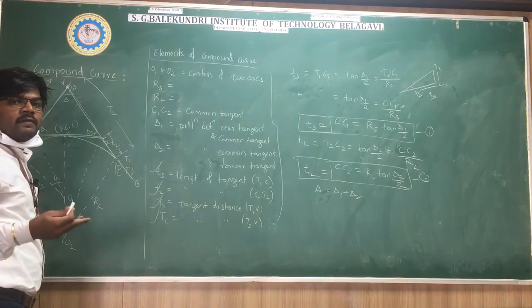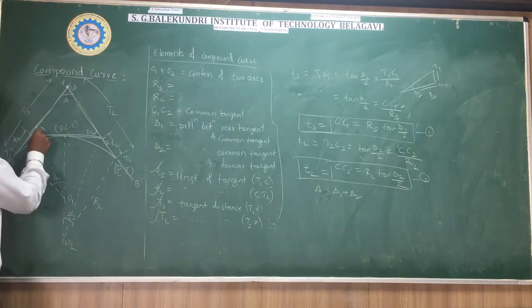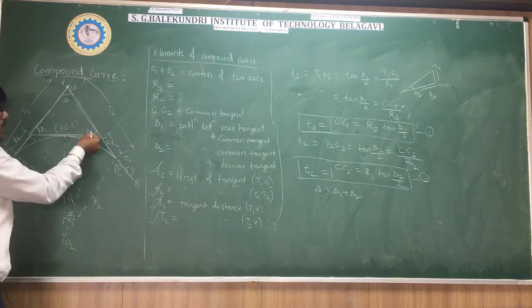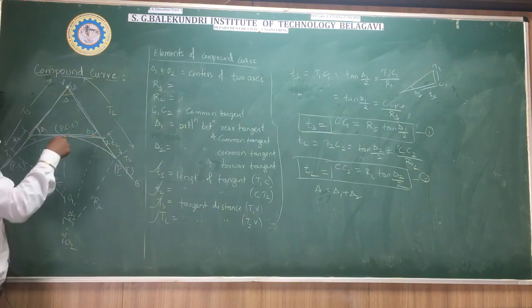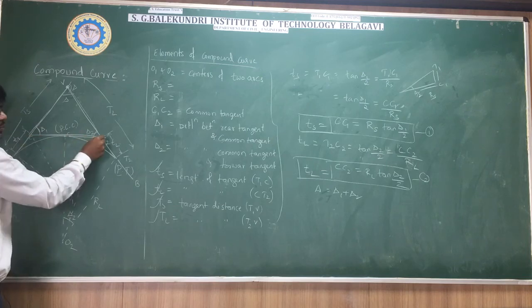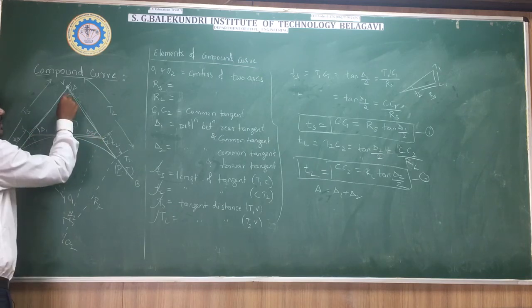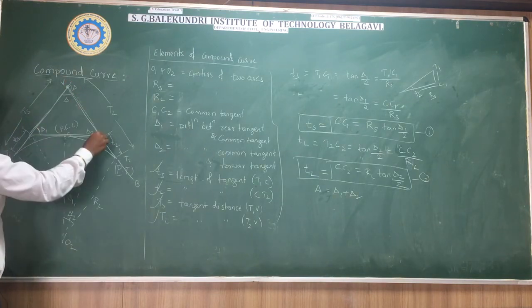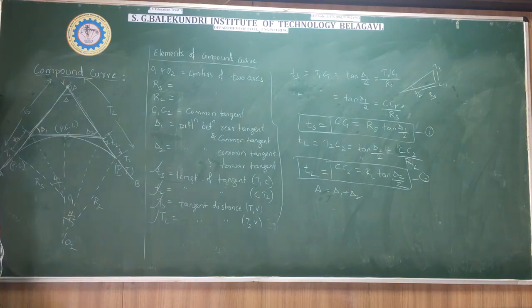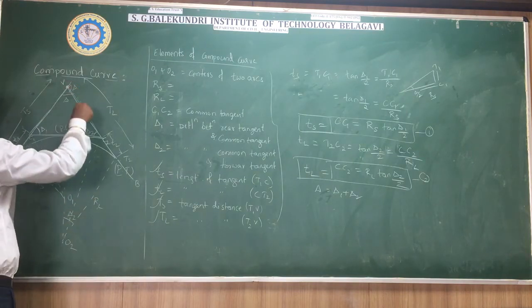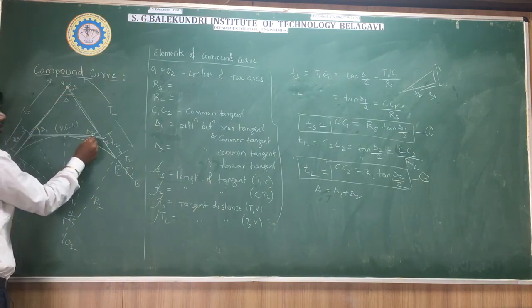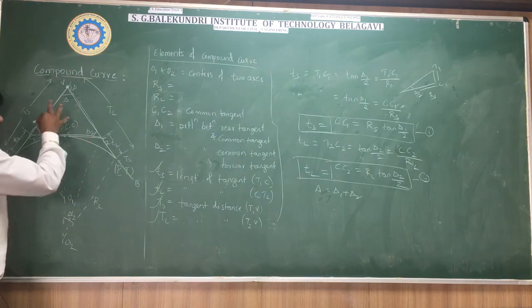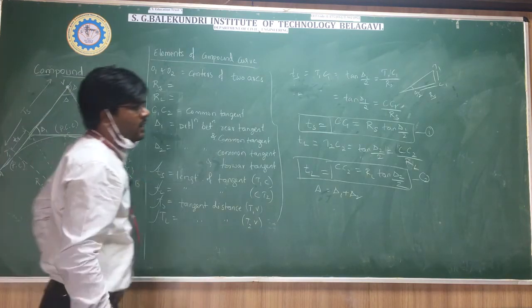How are we going to apply sine rule? Usually angle opposite side. For example, C1 C2 is opposite to sine delta, V C2 is opposite to sine delta 1, and V C1 is opposite to sine delta 2.